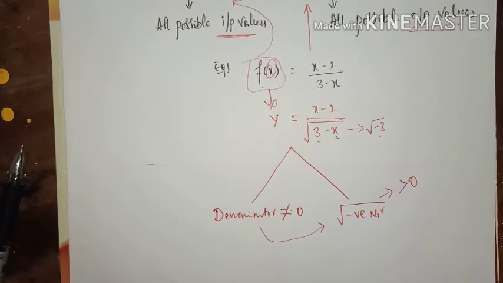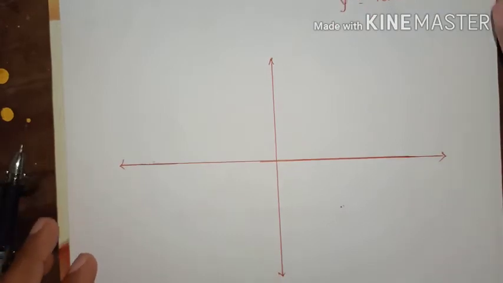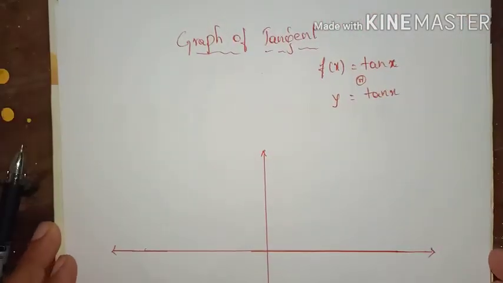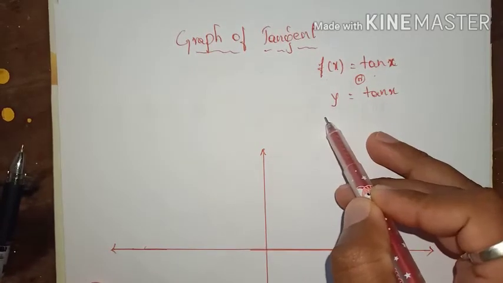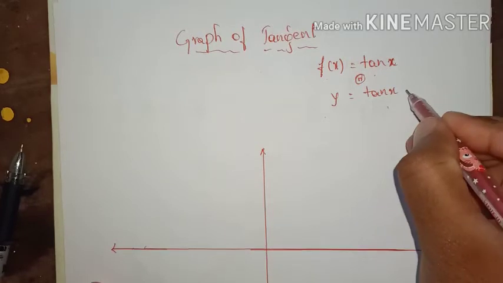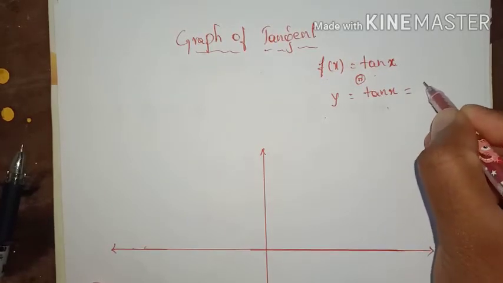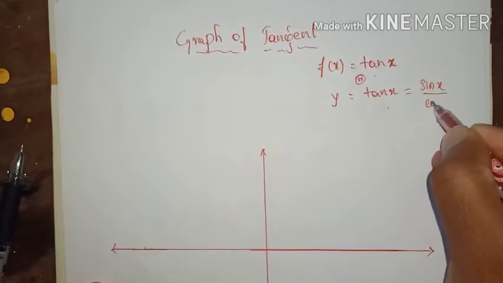Okay, let me come to the point. First of all, the graph of tangent. In this graph of tangent, I have taken f of x is equal to tan x, or as I told you, y is equal to tan x. The first thing you're supposed to note here is that tan x is nothing but sin x divided by cos x, correct?